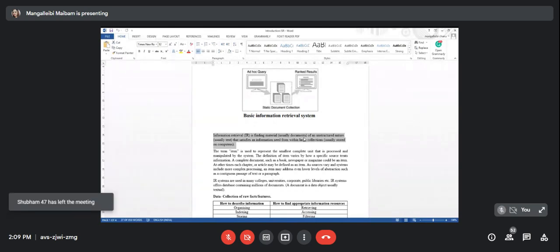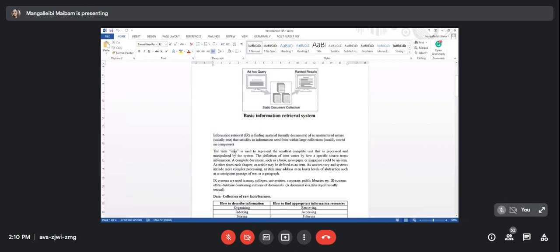We can also retrieve images, videos and other data, but normally in this subject we focus on documents and texts. Finding material, usually documents, of an unstructured nature that satisfies an information need from within large collections of data.